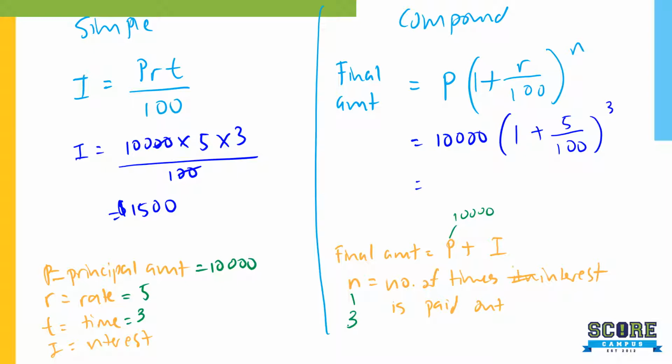Can you help me calculate this? So 10,000, 1 plus 5 over 100 is 1.05 cubed. What is 1.05 cubed? Just do 1.05 cubed, and then you times 10,000.